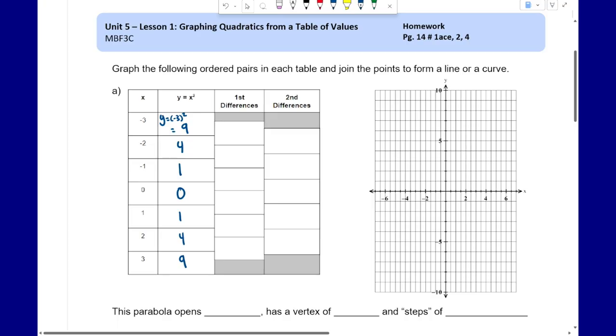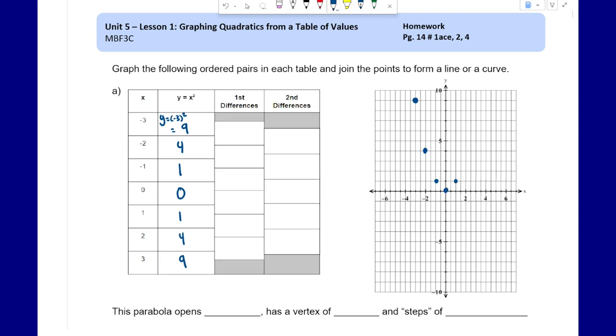So now I have enough information to go through and graph my quadratic because the x and the y values form a point. Right? So for example, the first one, -3, 9, that's an ordered pair, that's a coordinate. So I go over to -3 and then up to 9 and put a point. -2 and 4. -1 and 1. 0, 0.